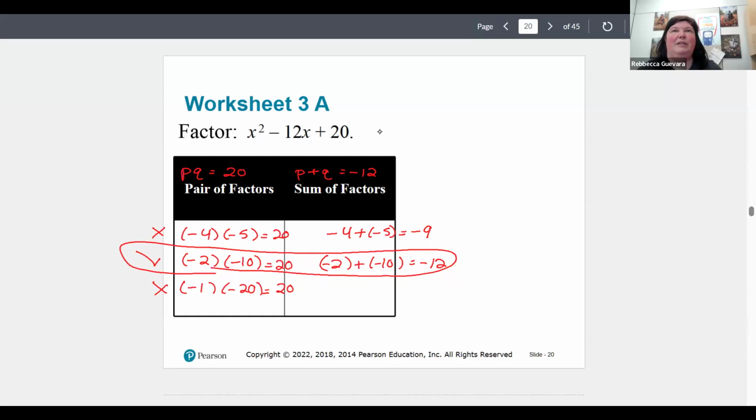So my factors should be x minus 2 and x minus 10. And you can check those will work. Those are the two factors that we need.